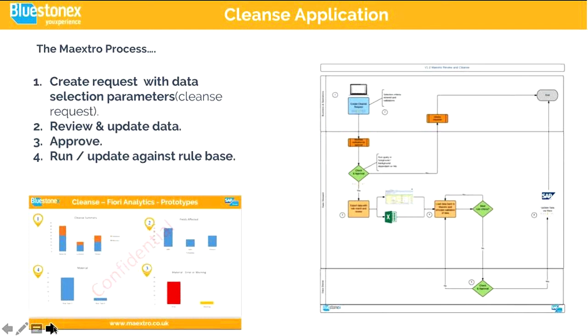So this is where we're going with Cleanse. We're hoping it will be released for general sale very soon, but you understand the concept. Somebody will put in a request to do a cleanse. You run the data, update the data, and then it goes off for approval. You don't have to have that approval, but again, this whole governance and best practice kicks in.